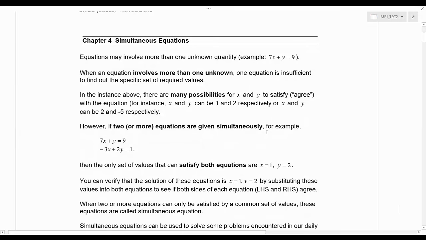All right, chapter 4 here, we're going to have simultaneous equations. We have been solving equations for a bit, and maybe in some earlier portions in chapters 1, 2, and 3, we might have dealt with a little bit of simultaneous equations.